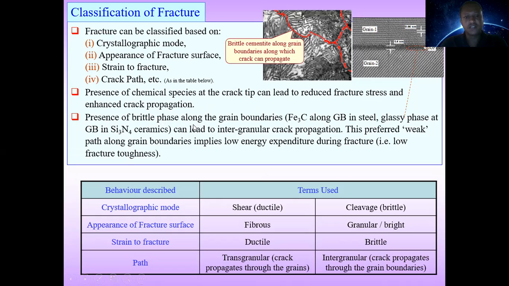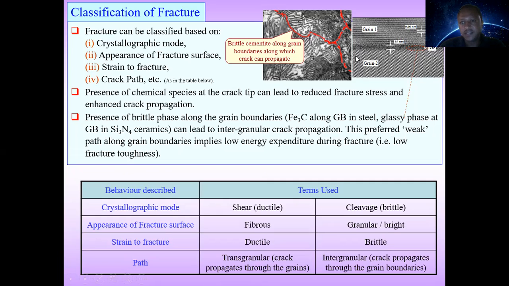The presence of a brittle phase along the grain boundaries, for example Fe3C along the grain boundary in steel, or a glassy phase at the grain boundary in Si3N4 ceramics, can lead to intergranular crack propagation. This preferred weak path along grain boundaries implies low energy expenditure during fracture, that is, low fracture toughness.